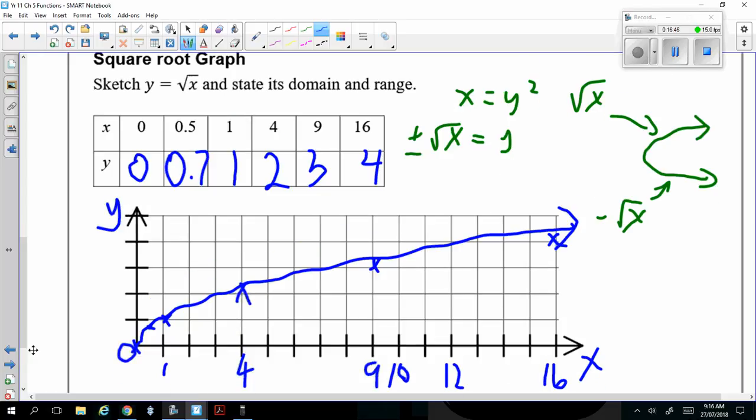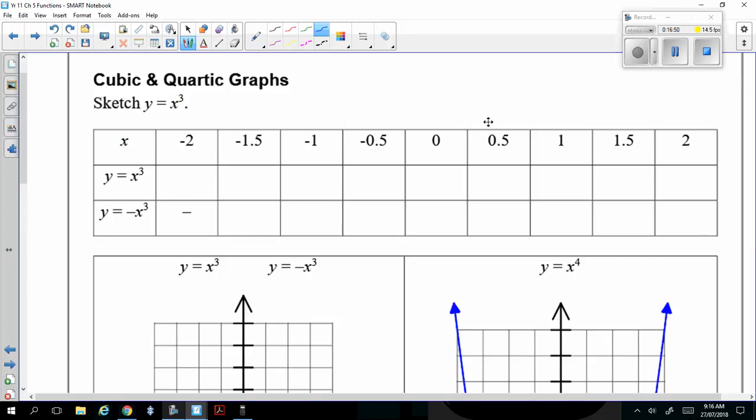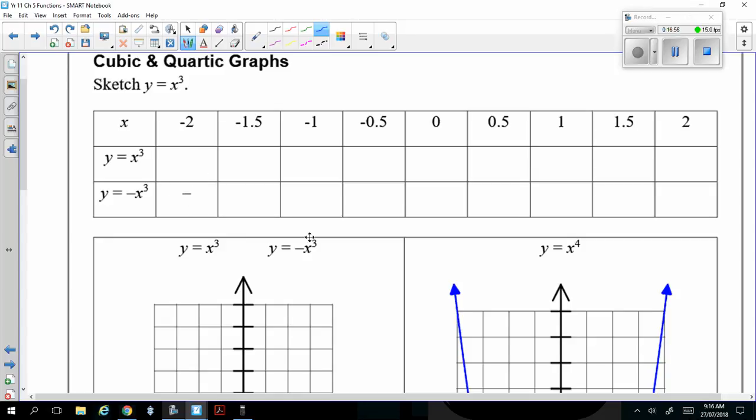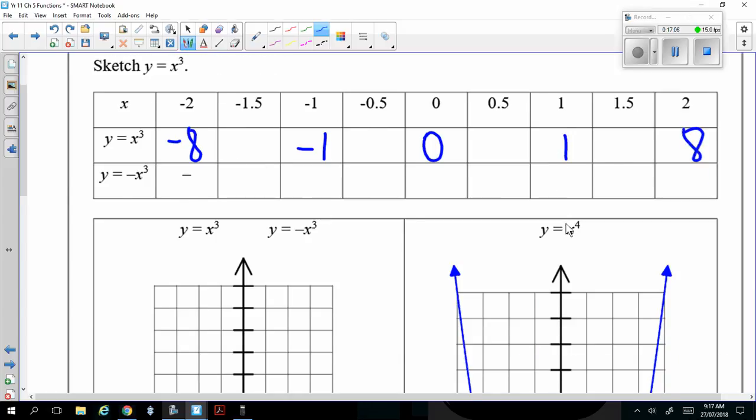Cubic graph. Don't know why there's a negative, I need to remove it. Negative 2, you get negative 8. Negative 1. Quartic is power 4, quintic is power 5.